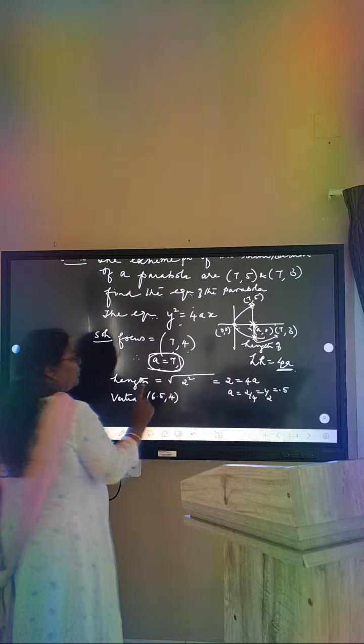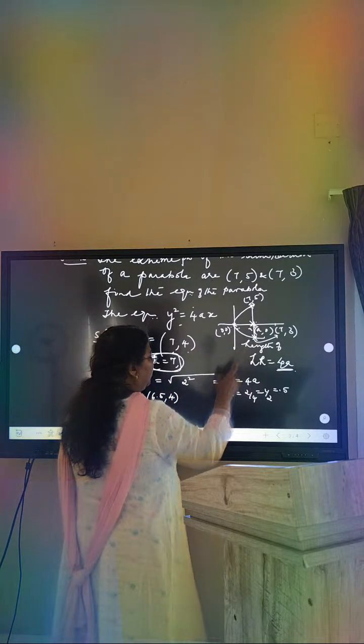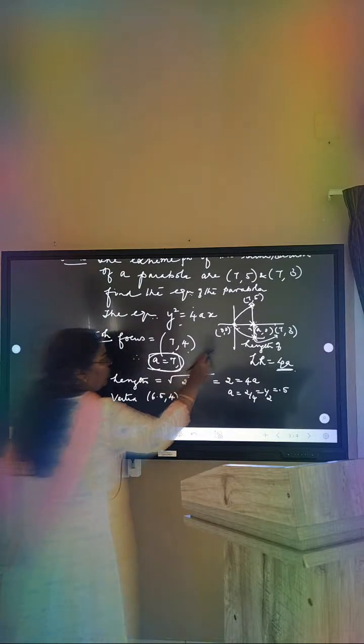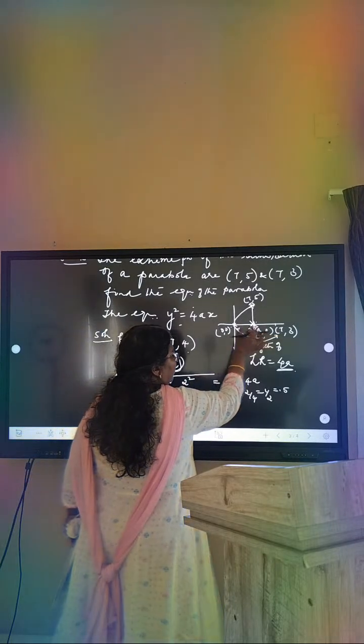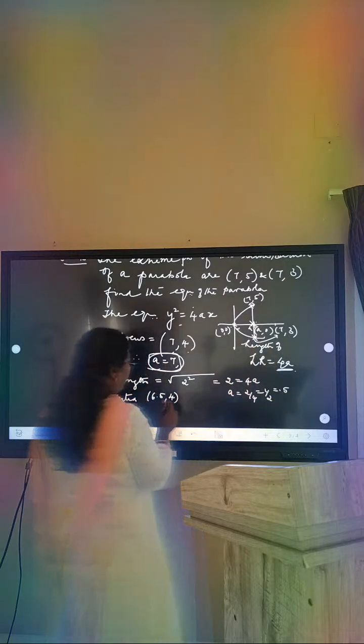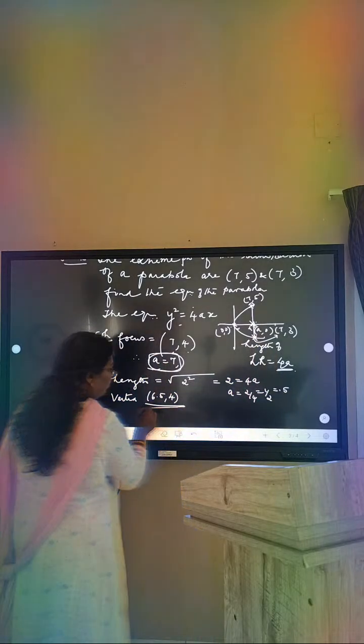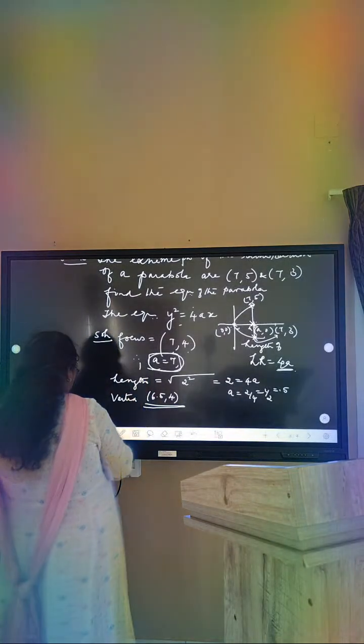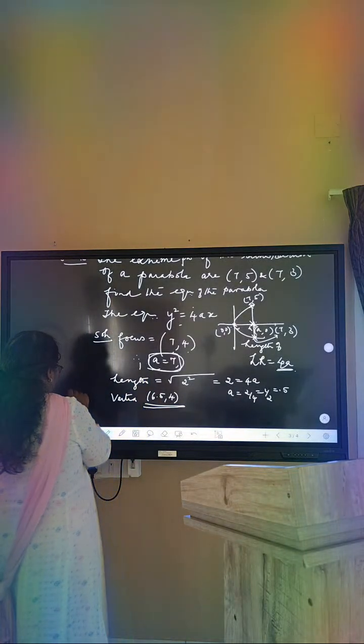Suppose the vertex is on the right side, then it will be (7.5, 4), because this distance is a, which is 0.5. So the vertex is at the point (6.5, 4). So with (6.5, 4), how will you write the equation?